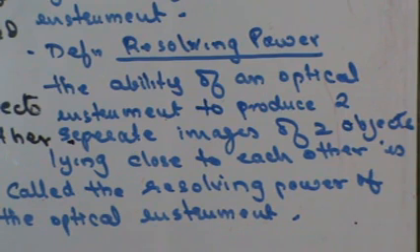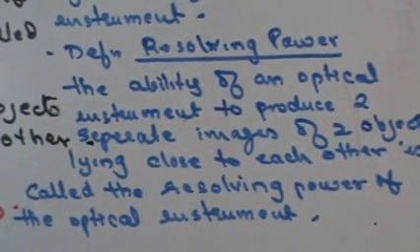When they come very close to each other, the optical instrument will not be able to resolve them. The minimum distance that they should be kept at so that the optical instrument resolves them as two separate images is called the limit of resolution. What is limit of resolution, guys? It is the minimum distance at which the two objects should be placed so that the optical instrument can resolve them as two separate images.